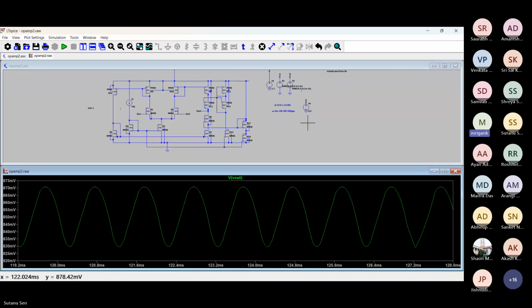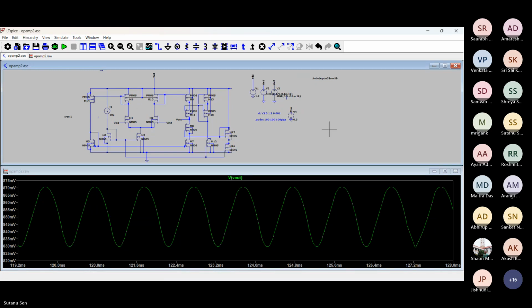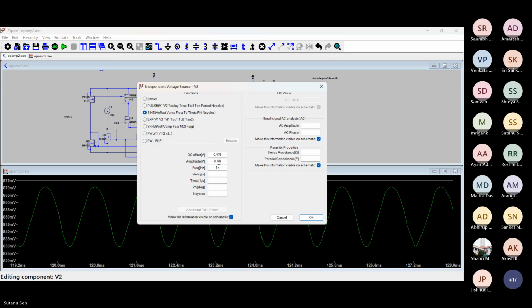How much is the input signal magnitude? What is the input signal magnitude? 0.1 millivolt. Here, what are you getting?